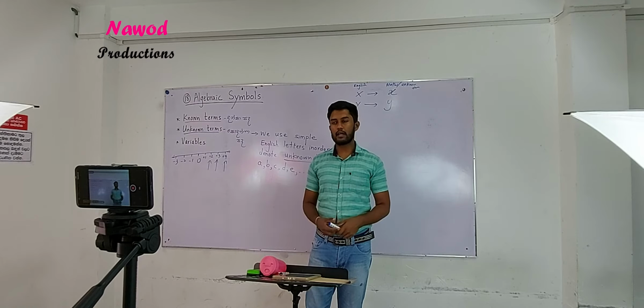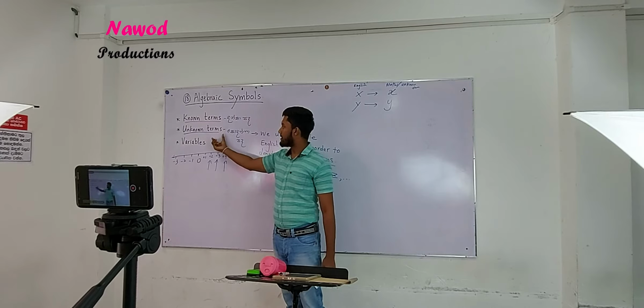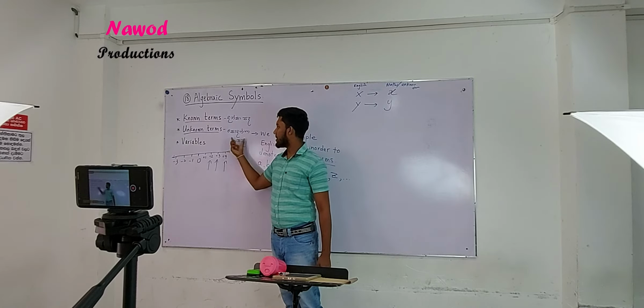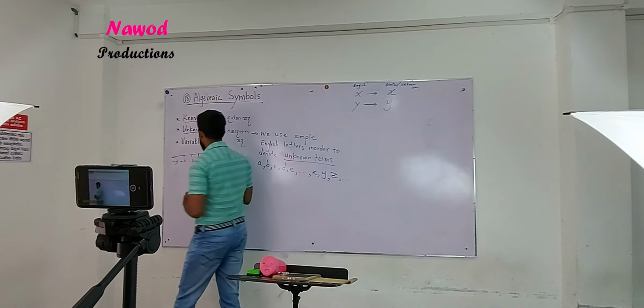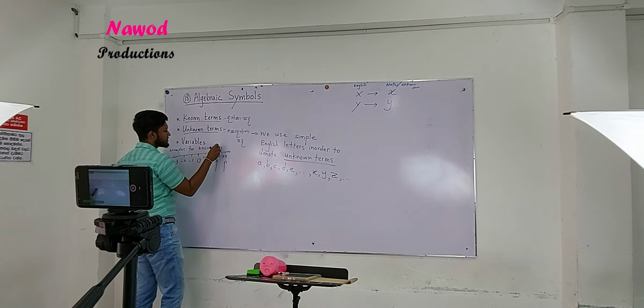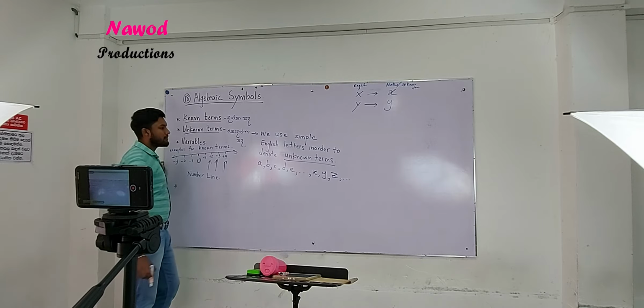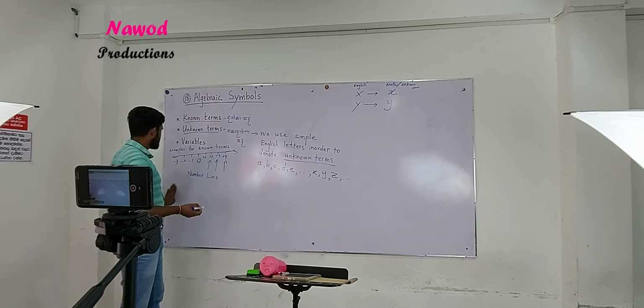Write these things in your notebook one by one, children. Write the heading Algebraic symbols. Known terms, unknown terms and variables. Examples for known terms: a number line. Then what are the examples for unknown terms?